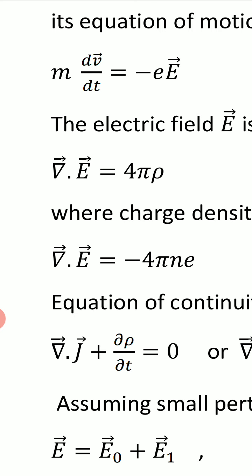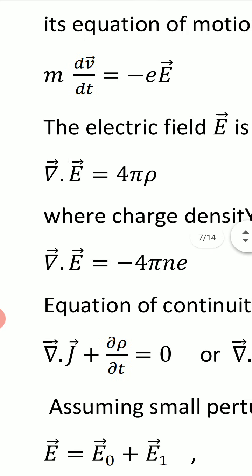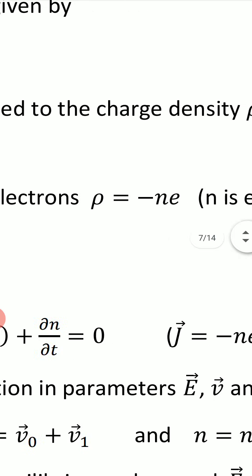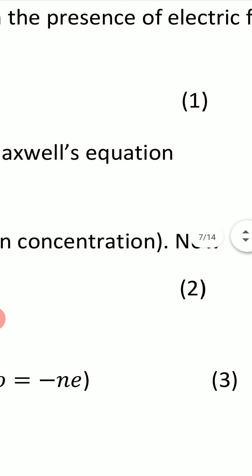Mass into acceleration is force, dv/dt is acceleration. So mass into acceleration, that is force, and force on electron is equal to minus eE. Minus e is charge on it and capital E is the electric field. So due to presence of electric field, force on electron will be minus eE, and we write this equation as equation 1.